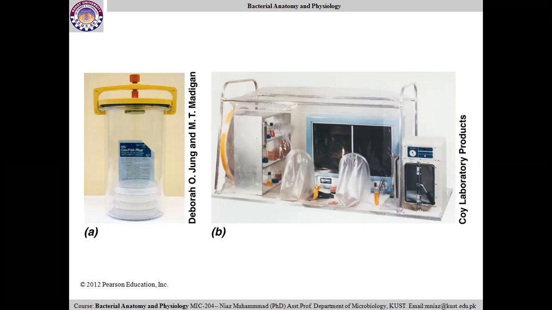We can also use anaerobic chambers or anaerobic incubators, where an oxygen-reducing facility or carbon dioxide addition facility is available, and we put all the plates there, which will facilitate the growth of the microorganisms.